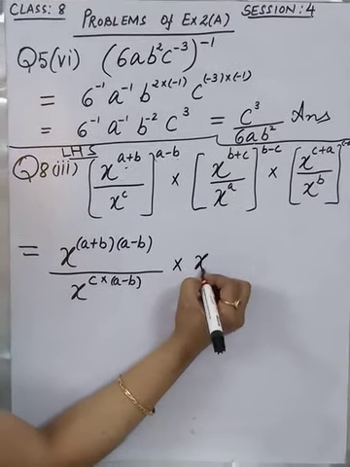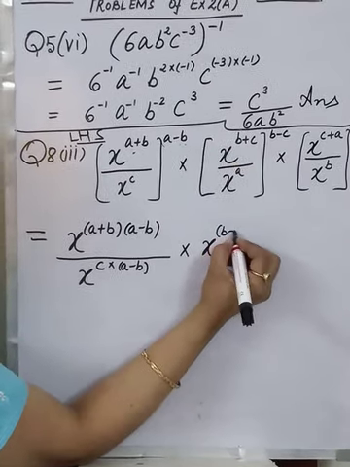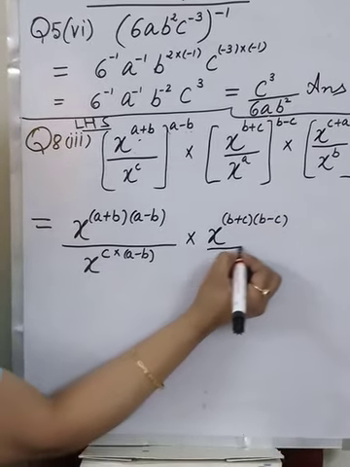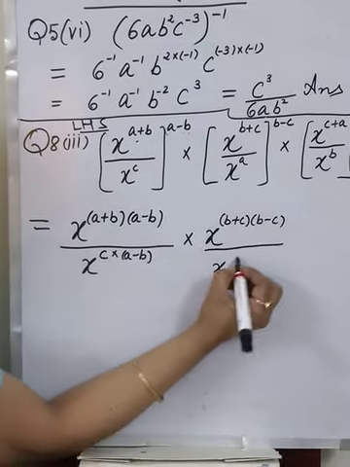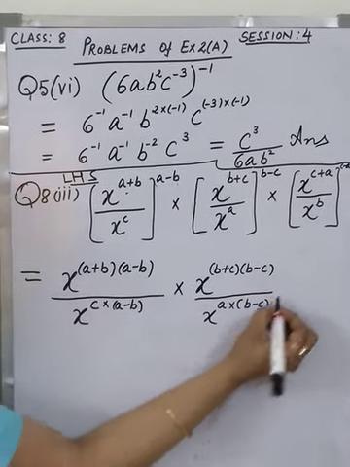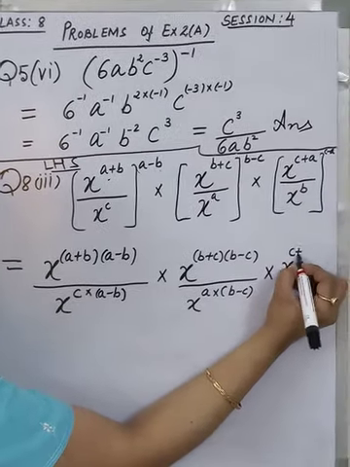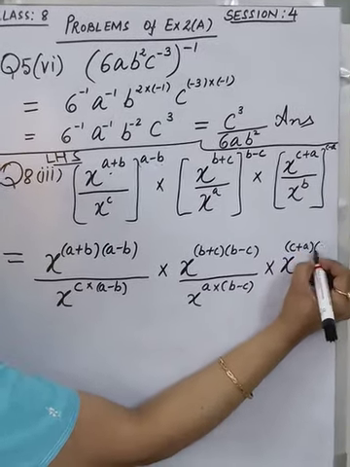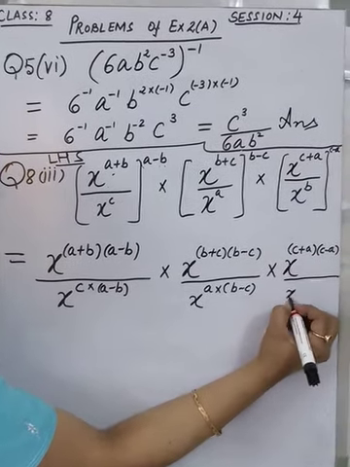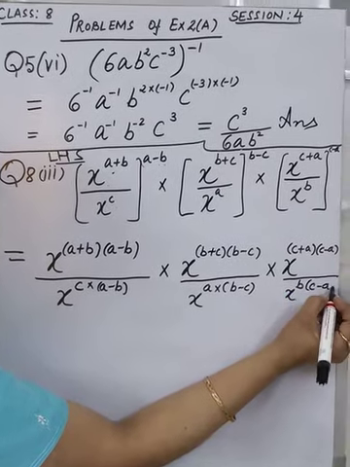Now similarly in the second part expression also, b plus c into b minus c, and in the denominator also x to the power a into b minus c, and the third one also x to the power c plus a, c minus a upon x to the power b into c minus a.